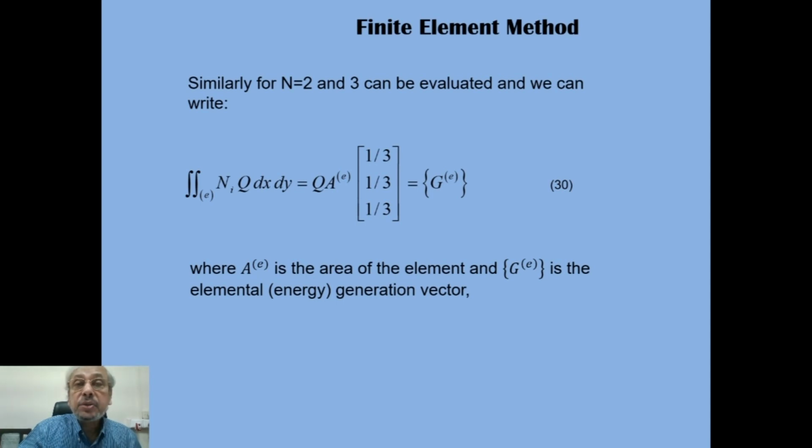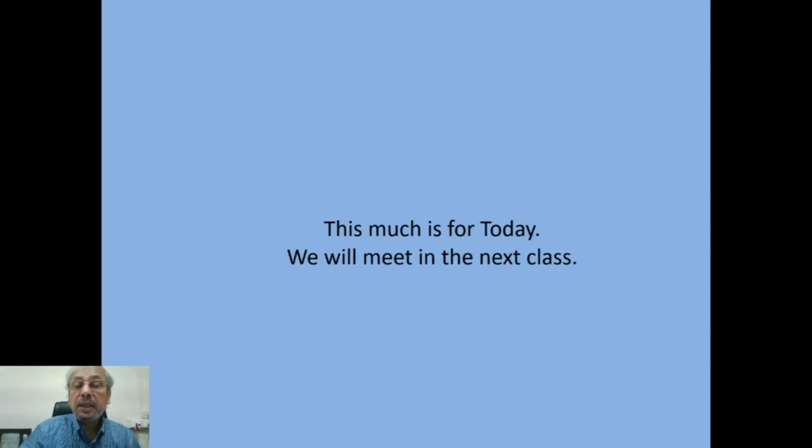Then it also has to represent the complete domain. So we have to establish the elemental connectivity, global and local node number connectivity, etc. So the evaluation of the remaining terms of the integral and setting up the final matrix form that is to be evaluated to find the temperatures in the entire domain, we will take up in the next class.